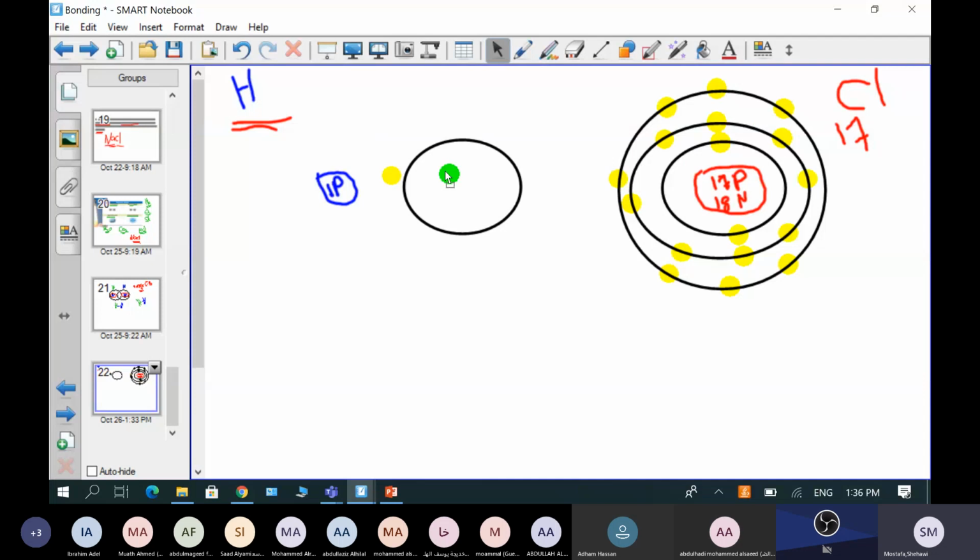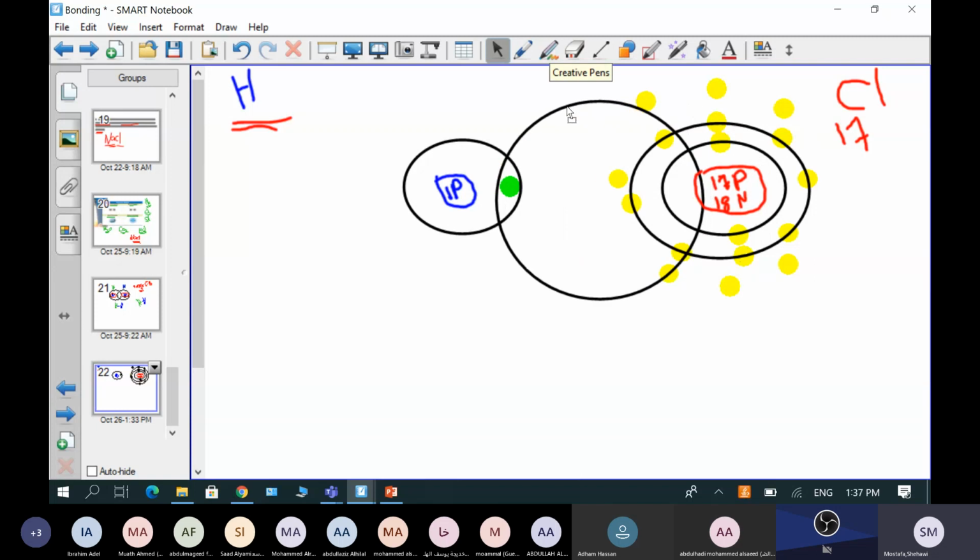Let's make them come close to each other. This hydrogen, this is the electron, and that's the proton. Let's grab the chlorine. They will share here, exactly here.